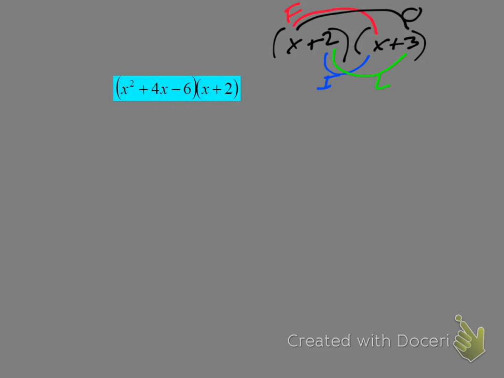So here's how I think you should do it. Take your first term, this x squared right here. Okay? And we're going to multiply it times the x plus 2. And I'm not going to do that right now. I'm going to write that out. So x squared times x plus 2, like that. Then take your 4x and do the same thing.